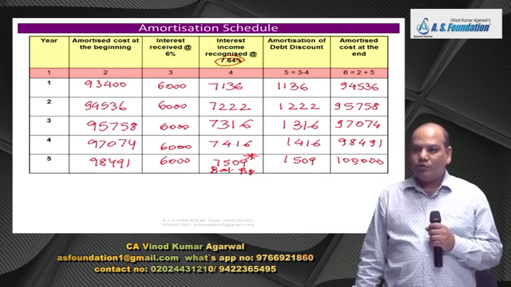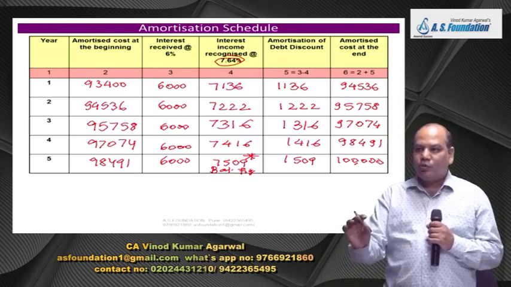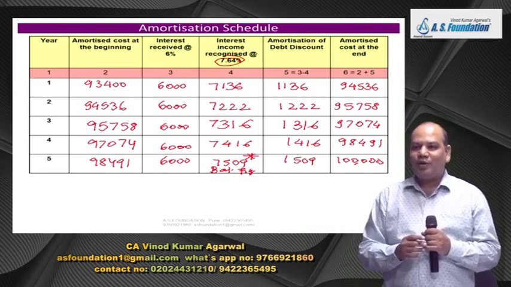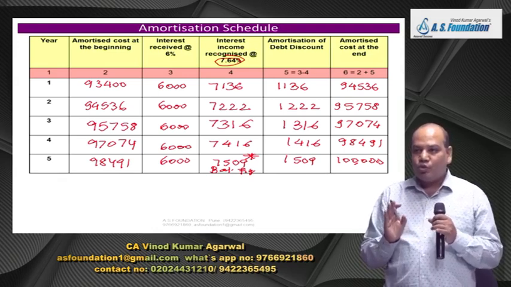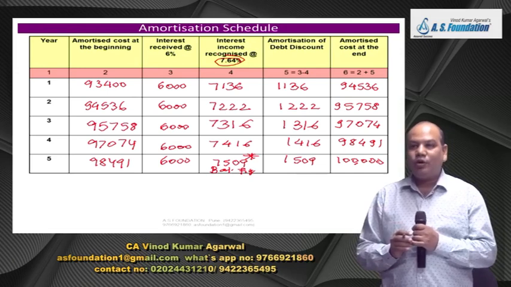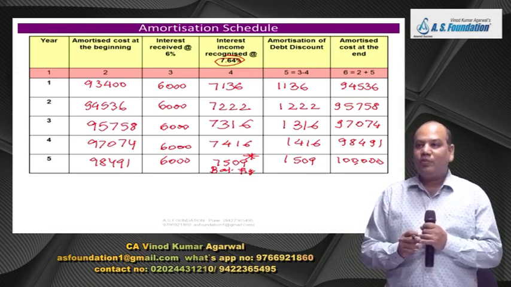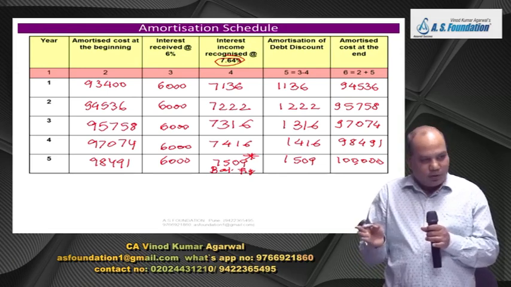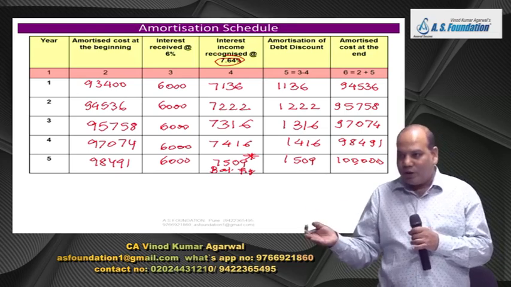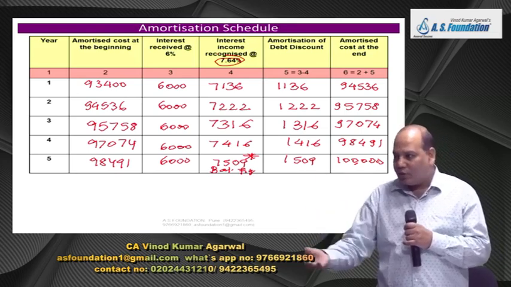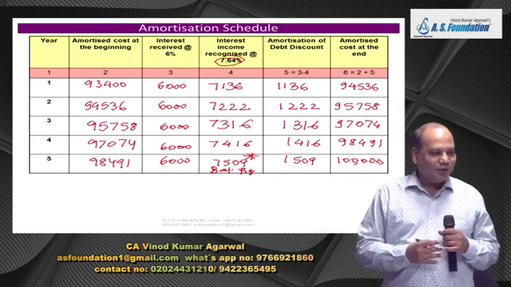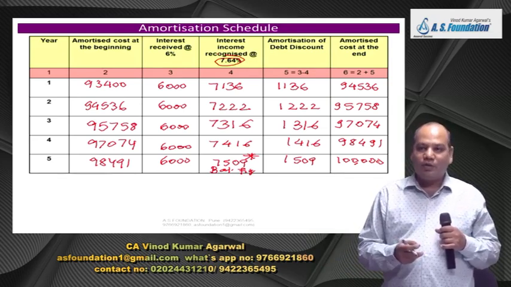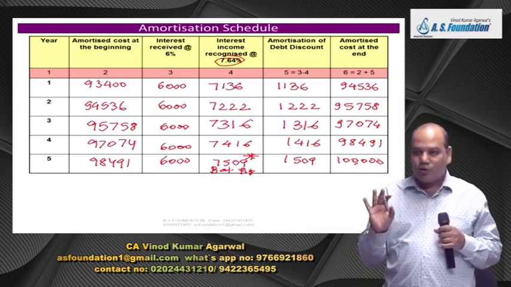Otherwise, I have told you how to calculate. Now I'm going to give you a shortcut formula for EIR, but that you will apply only for a coupon paying bond, meaning a bond which pays coupon for a given number of periods and then it is redeemed on maturity. No other inflow or outflow, no other pattern of cash movement.